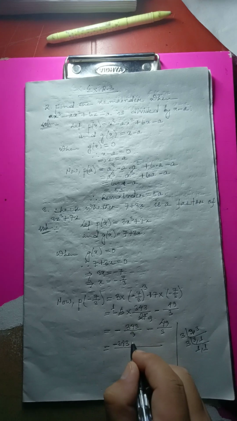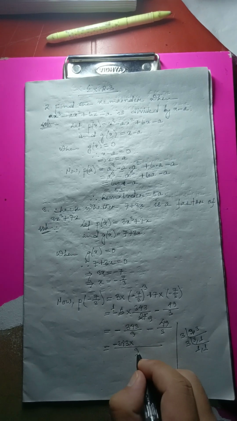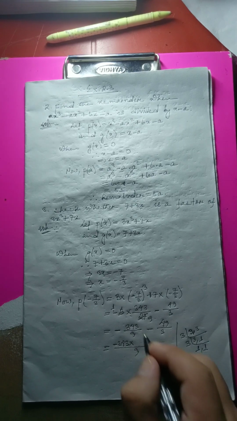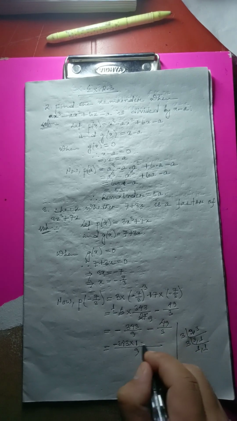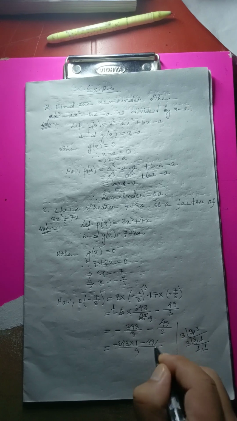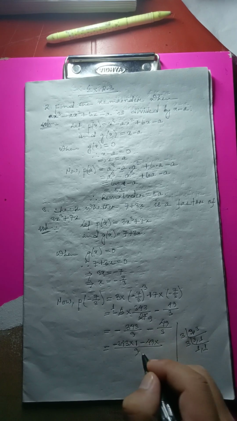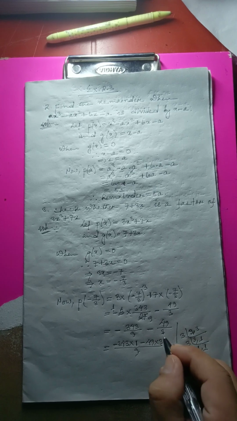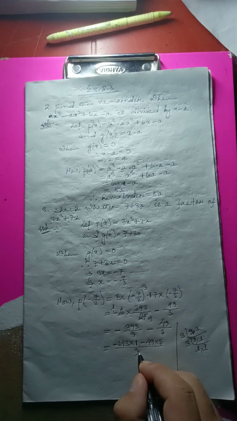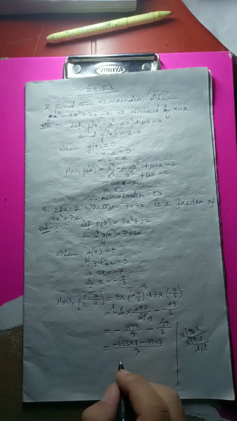What do we have? That is 343. 9, how many times will give you 9? 9 into 1, that will give you 9. And what is the sign that we have? That is minus. And 3, how many times will give you 9? 3 into 3. If you multiply 3 and 3, then it will give you the LCM 9.